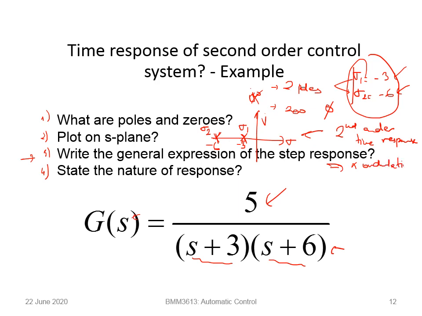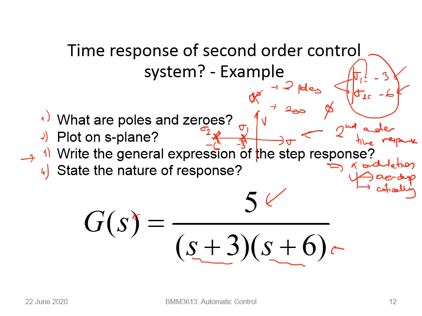No undulation means it could be either of two choices. There are only two choices without undulation. It could be either overdamped, where you have too much damping and no undulation, or critically damped. So which one among these is it? Is it overdamped or critically damped? If you look into the previous slides, we know that if the poles are distinct, we are basically in the case of overdamped.